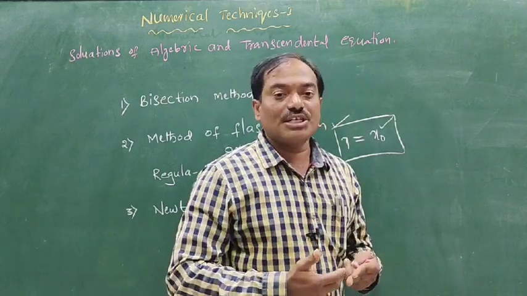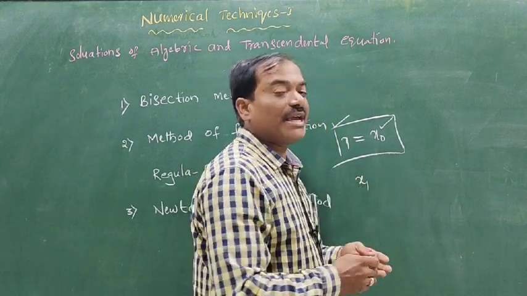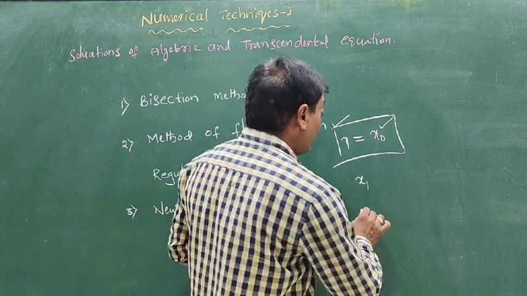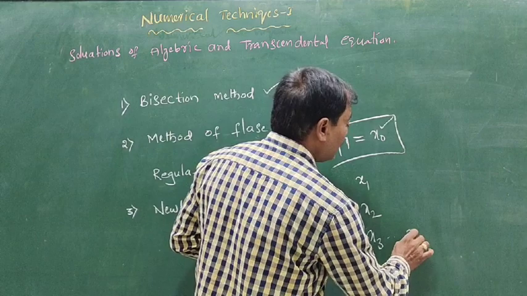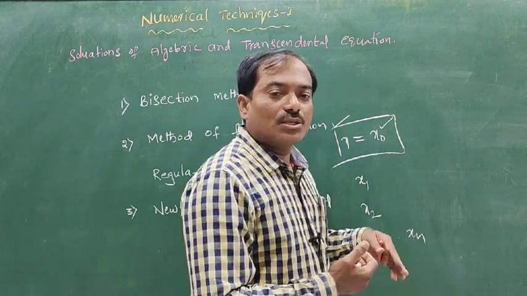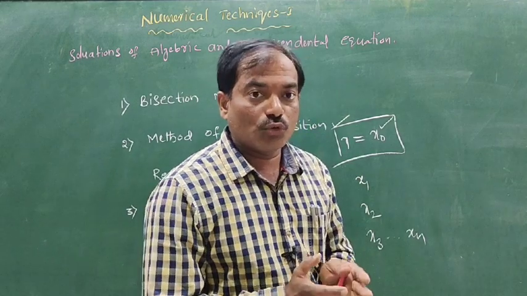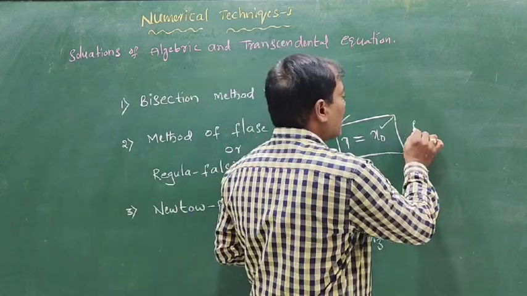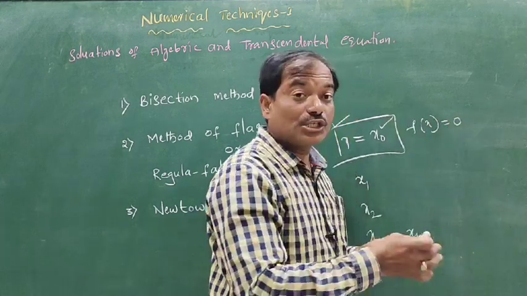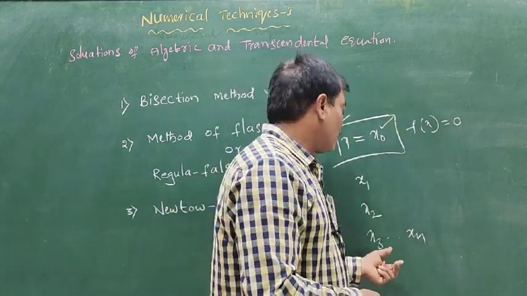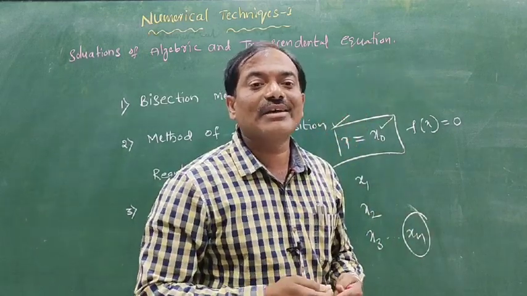By using this initial approximation we find the next approximation, x1, and then we find one more approximation, and finally the nth approximation. If we substitute this value in the given function, it will be nearer to 0, not exactly 0. Therefore that xn is said to be a root or zero of the given equation.